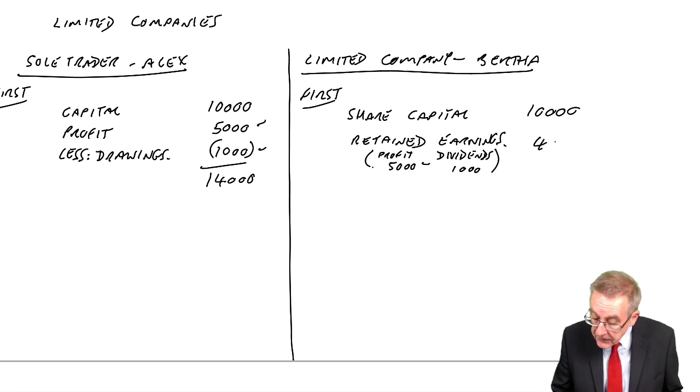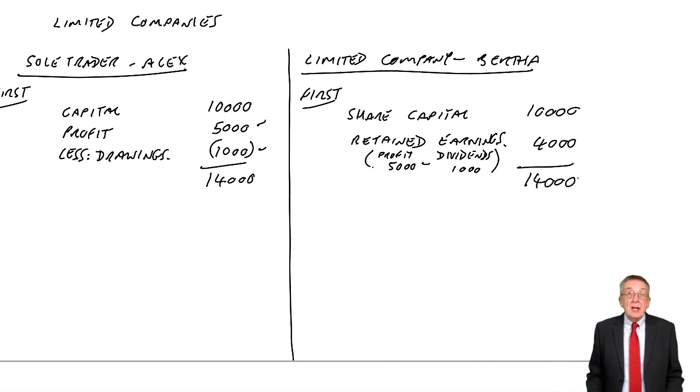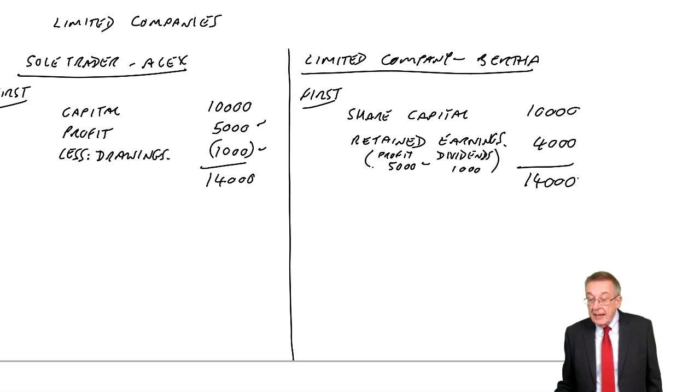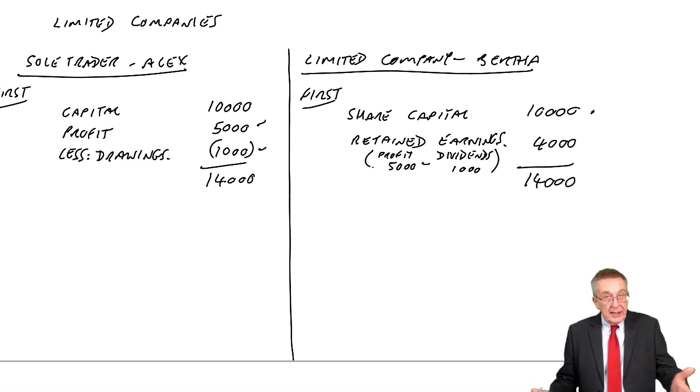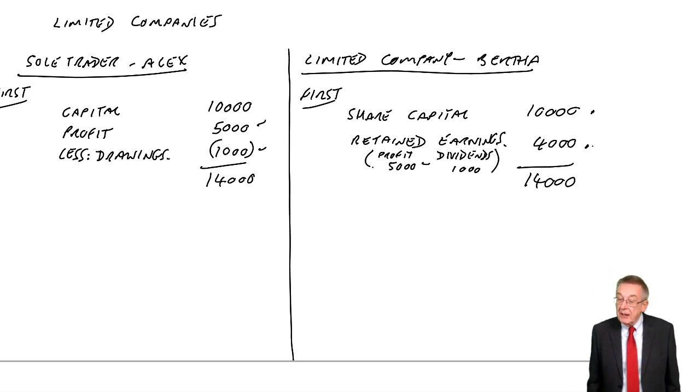But 4,000 is retained. And so, of course, at the end of the year, the total owing to the owners is 14,000 in each case. It's just the presentation of it. With a limited company, share capital 10,000, the retained or the kept earnings 4,000, total 14,000.